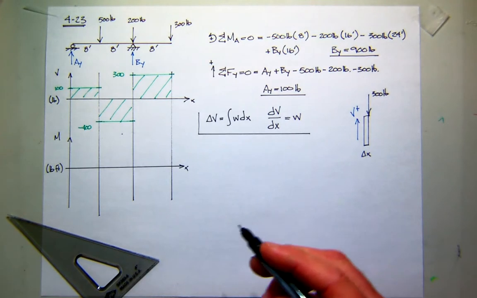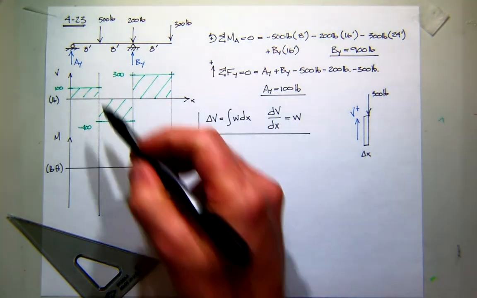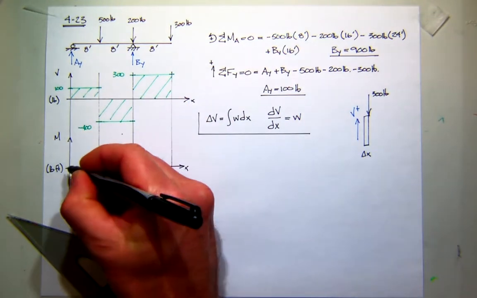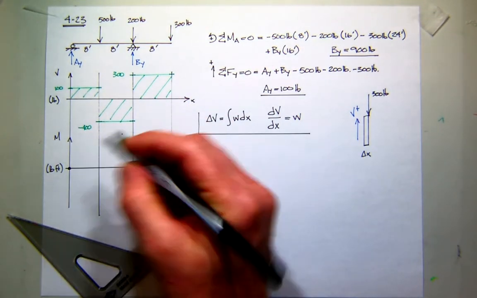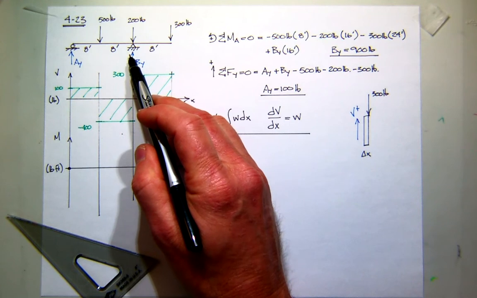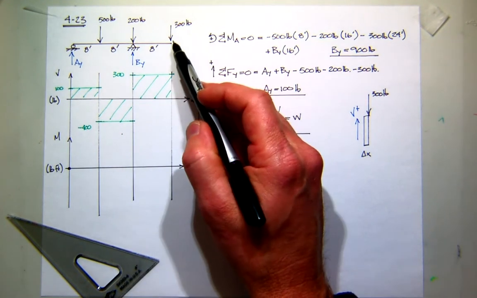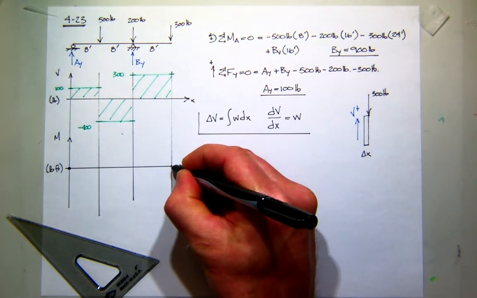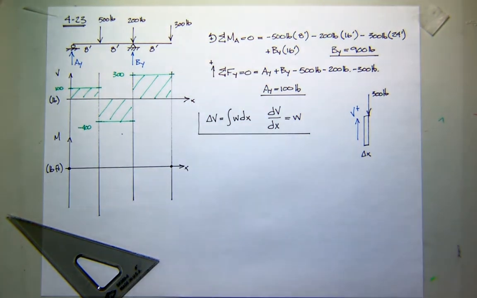Do I know something about the moment? Well, I know the moment at A. It's an external roller, so I know that's 0. Now, an internal support, the moment at the support is not necessarily 0, and usually is not 0. But we know something about the free end. It's 0. So I know where I'm starting, and I know where I'm going.